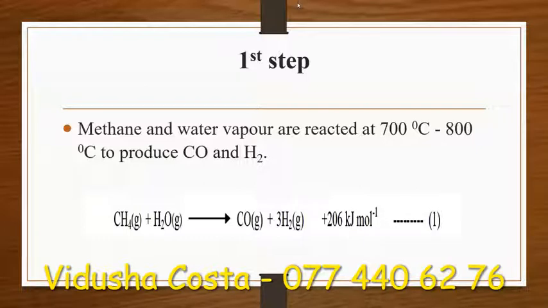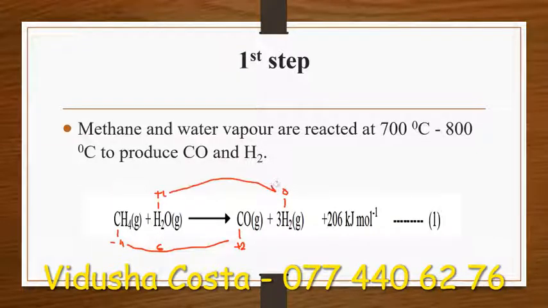If you want to balance this reaction, you can consider carbon in the -4 oxidation state going to the +2 oxidation state. From -4 to +2, it is 6 electrons. And hydrogen goes from the +1 oxidation state to the 0 oxidation state. +1 to 0, you get 1 electron, but there are 2 hydrogens, therefore 2 electrons.